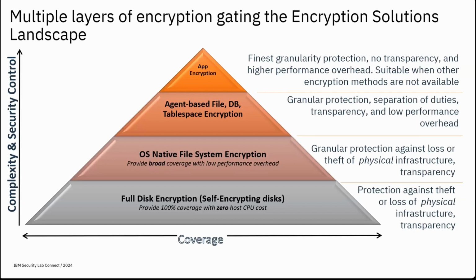And then finally, you have the most complex and the granular level of encryption at the application level. It is only the users who have access to the applications who are granted access through the keys to the encrypted data at that level.